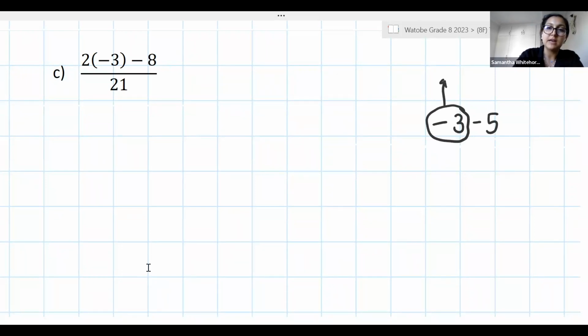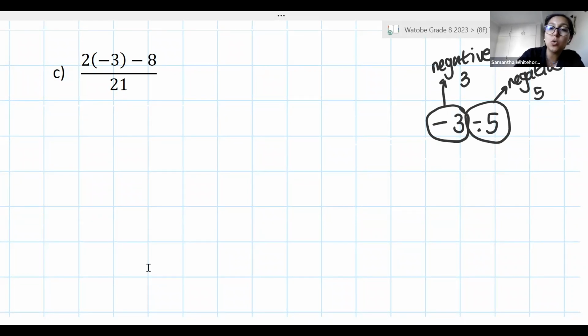So this is saying -3. If we then look at the 5, it is also saying -5, but because it is following on from the -3, it is also telling me to subtract 5.